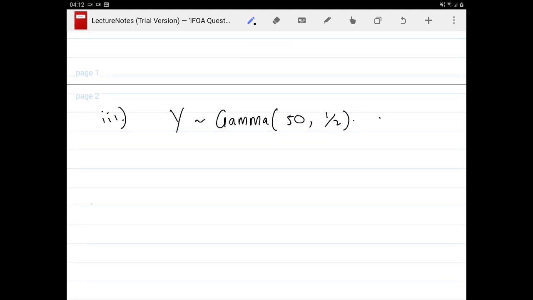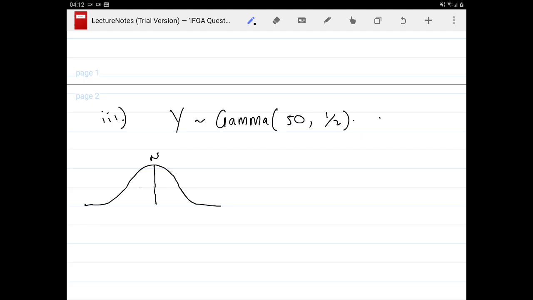The shape of a normal is always symmetric about the mean. The gamma distribution can look like a variety of different things depending on what your alpha and beta are, whereas your normal will always look like this bell curve.